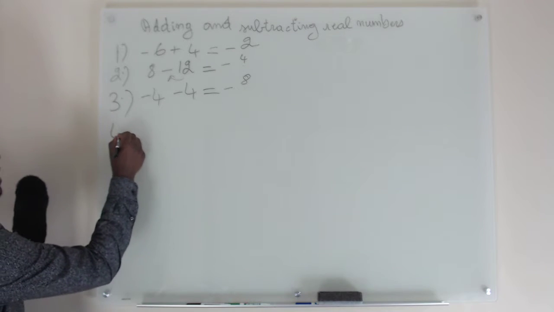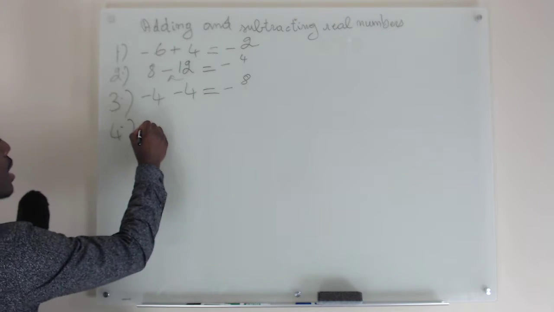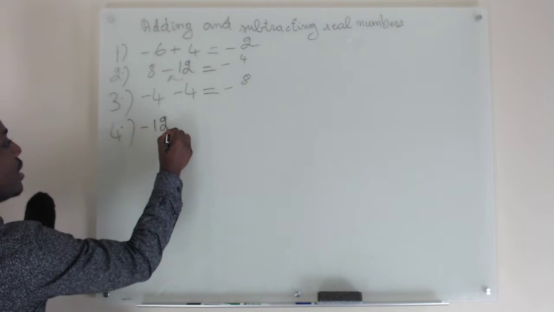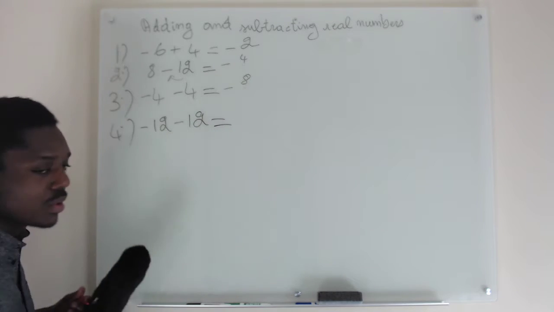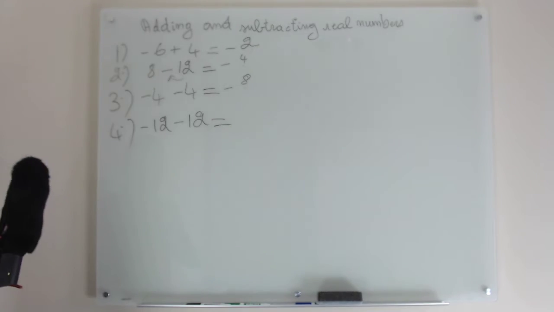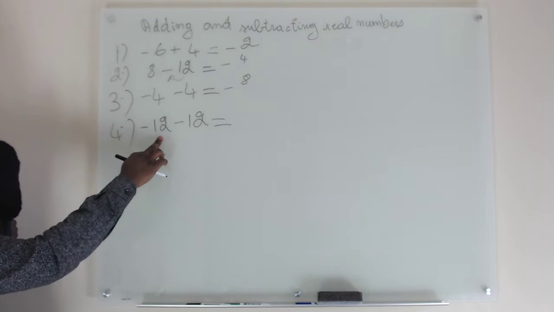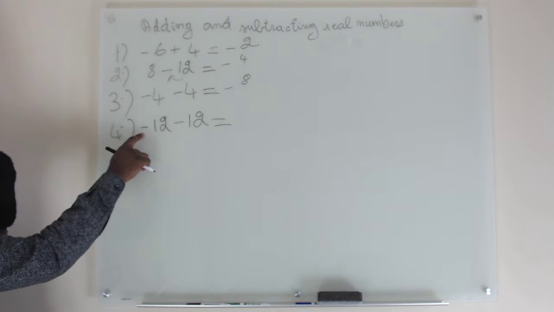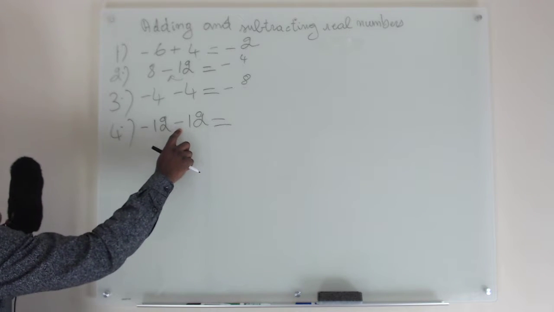Let's take another example. Let's say we have -12 minus 12. Again, the first thing we have to do is look at the signs. The sign of the number 12 is what? Negative. The sign of this number 12 is what? Negative.